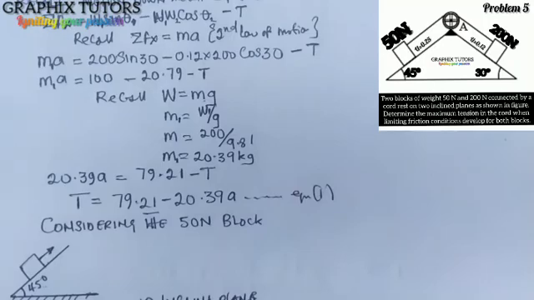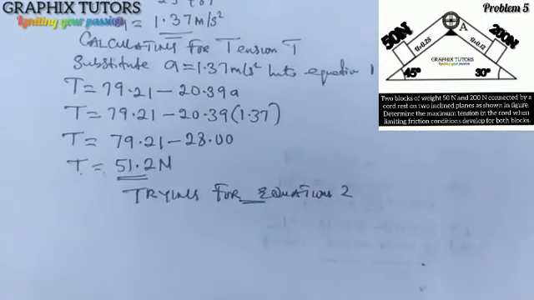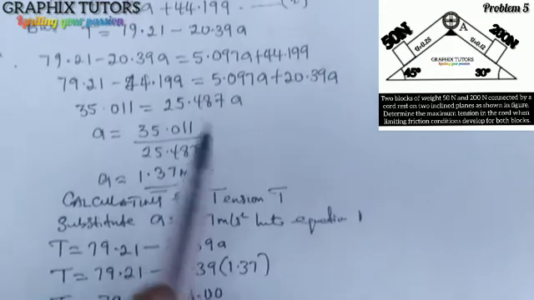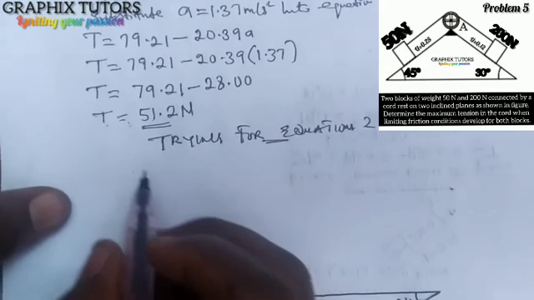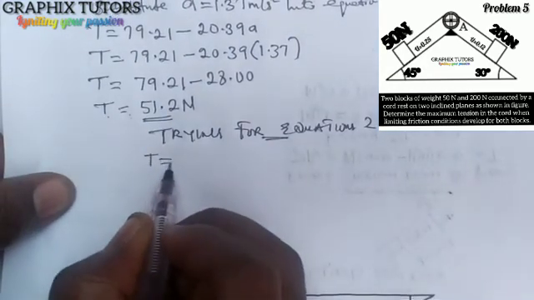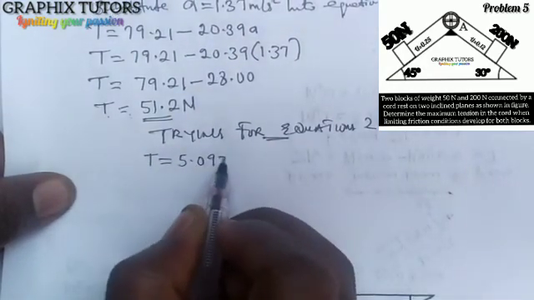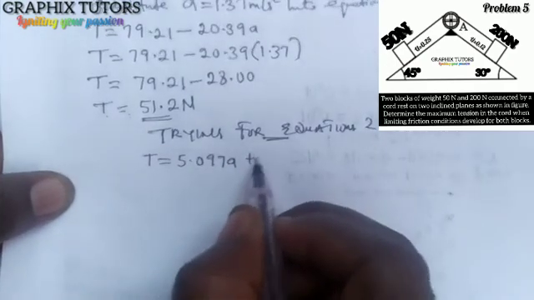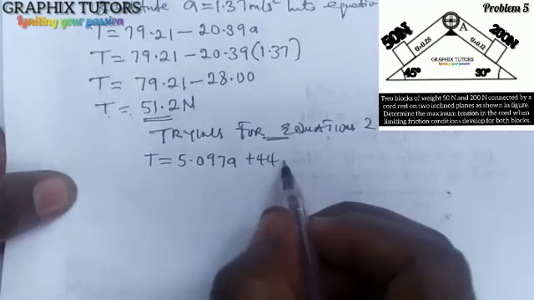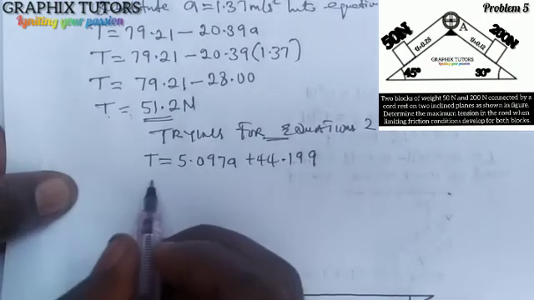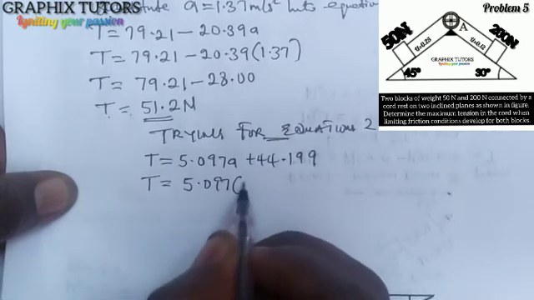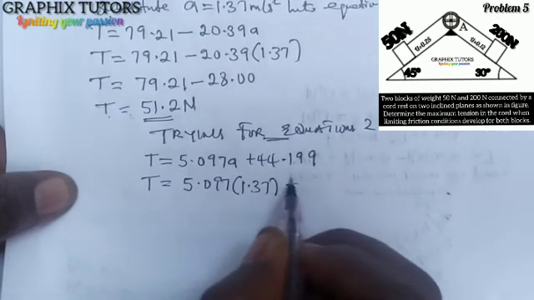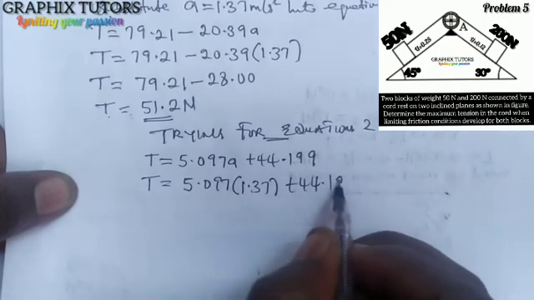So let's check that. Substituting into equation 2. What's equation 2 here? T equals to 5.097a plus 44.199. If I put in my A, T will now give me 5.097 times 1.37 plus 44.199.